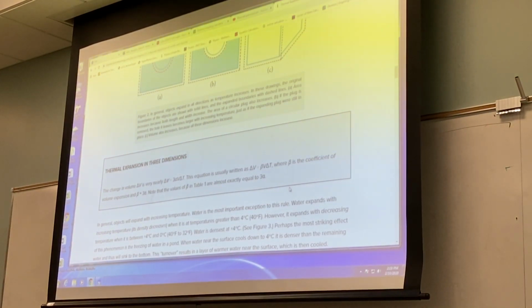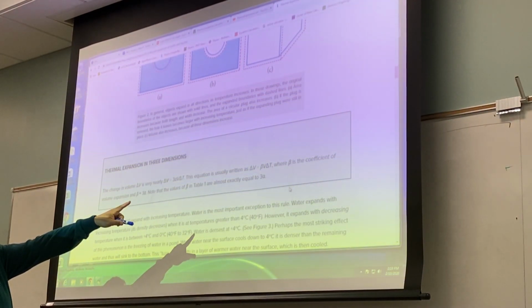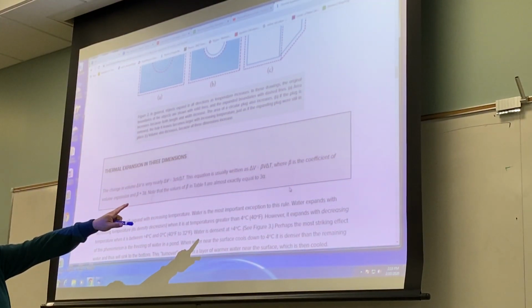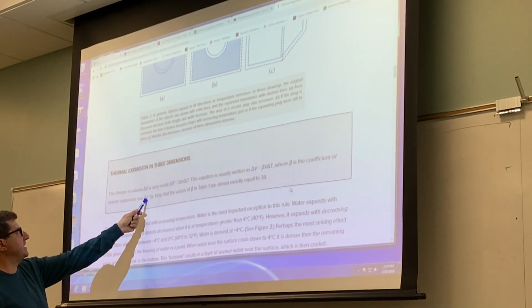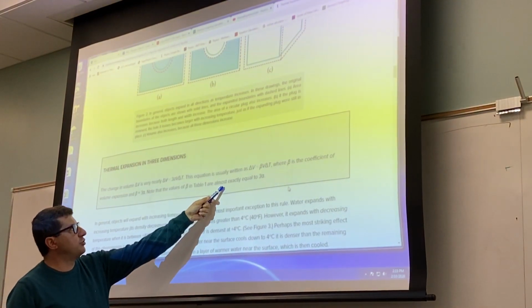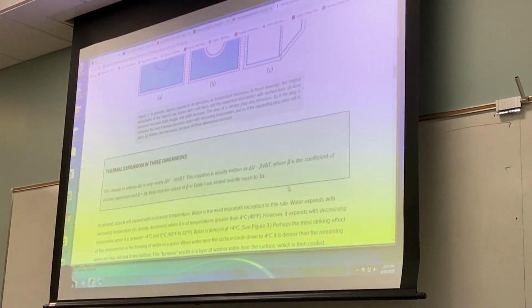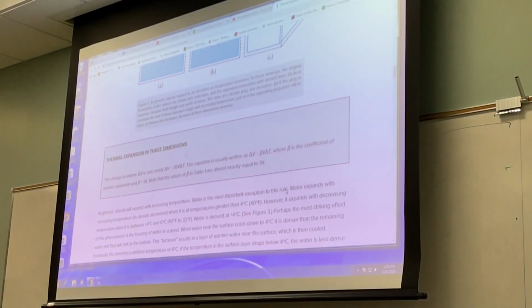You see here, the change in volume is very nearly 3 alpha. This equation is usually written as delta V is beta V delta T, where beta is the coefficient of volume expansion and beta is approximately 3 alpha. Note that the values of beta in table 1 are almost exactly equal to 3 alpha. Water is the weird one.